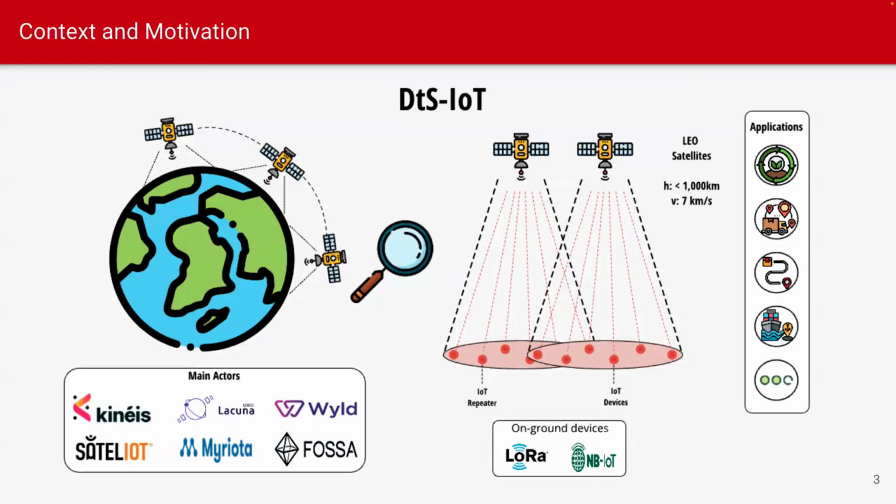So these features make FloRaSat a good alternative for scenarios where quick deployment is required, for example disaster response, and also for scenarios where a low density of devices occurs, where the implementation of a terrestrial gateway is not viable.